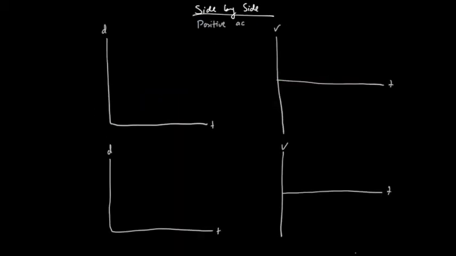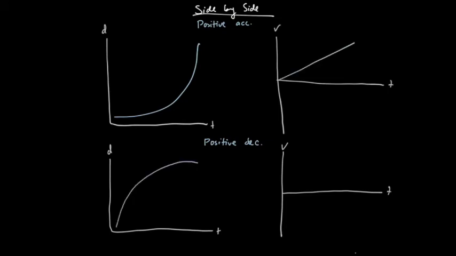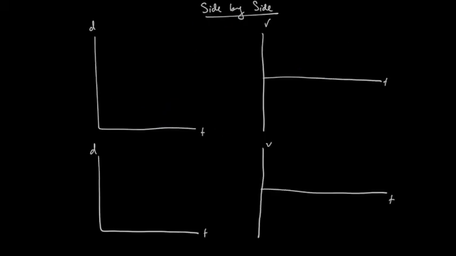Next is a positive acceleration, and right below it is going to be the positive deceleration. Alright, so notice how these two graphs look like. Next is going to be the negative side for acceleration and deceleration.